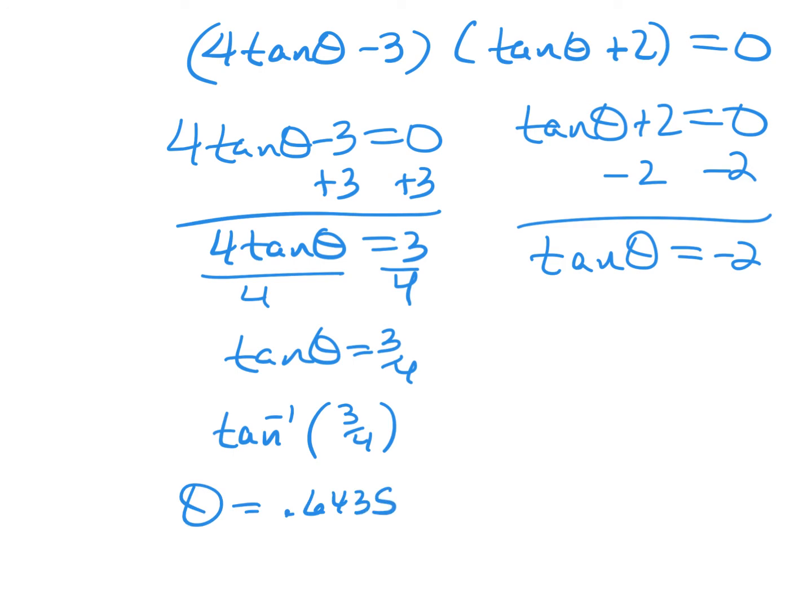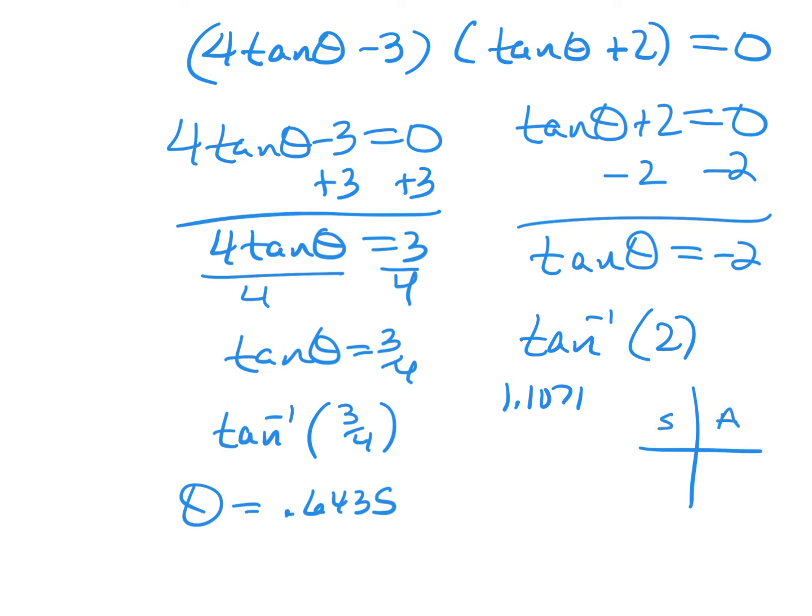Over here, you'll do tangent inverse and put the 2 in there. And then here, we would get tangent inverse of 2 is 1.1071. However, we want tangent to be negative.